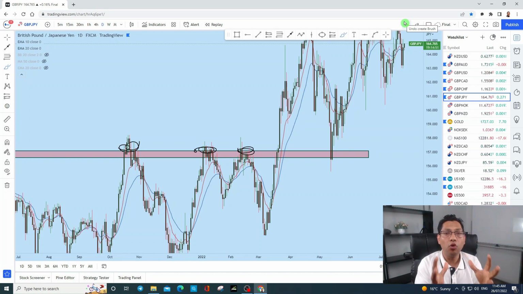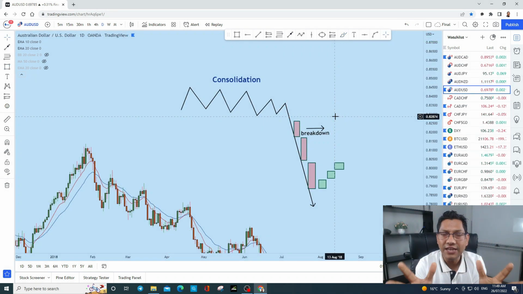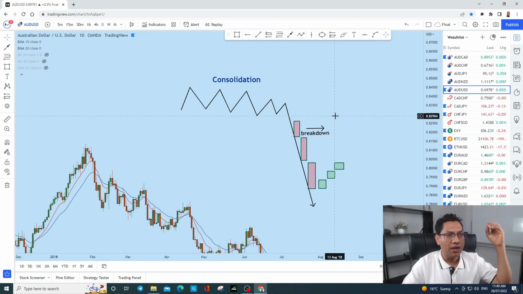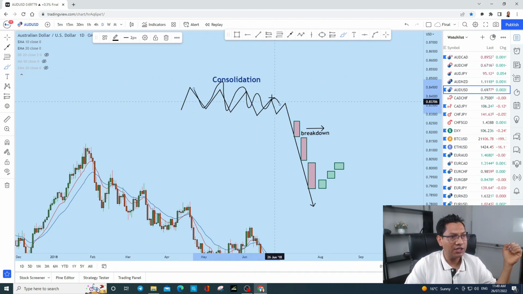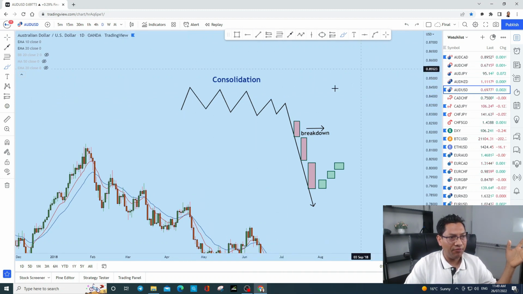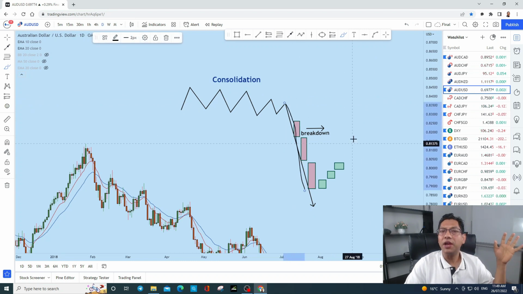What is the fourth meaning of price action that you need to decode? The fourth hidden secret that you need to decode is when you see a market consolidating, as we mentioned previously, consolidating and creating a series of lower highs, and then has a strong breakdown.